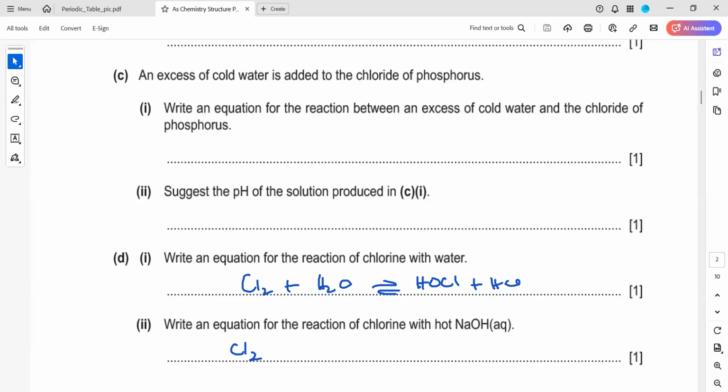But if it is hot, the reaction of chlorine plus NaOH will give NaCl plus NaClO3 plus H2O. This is the product. If it was cold, then it will not be NaClO3, it will be NaClO only.